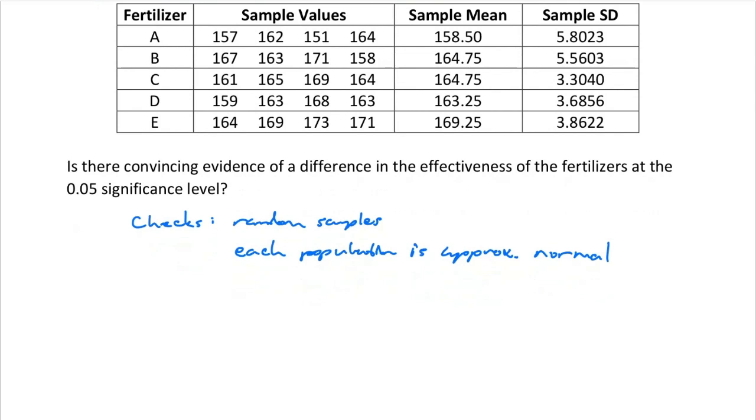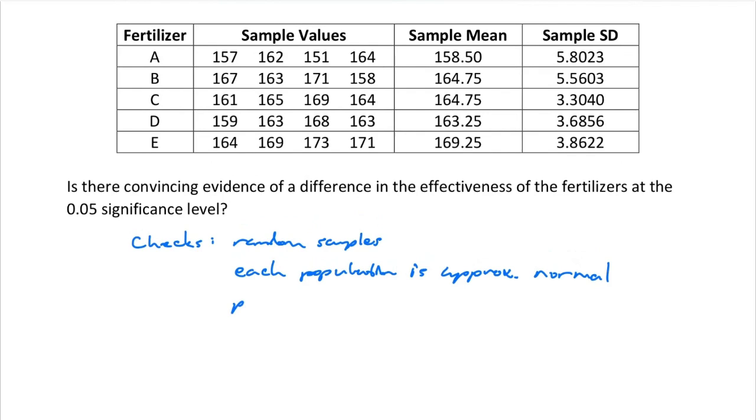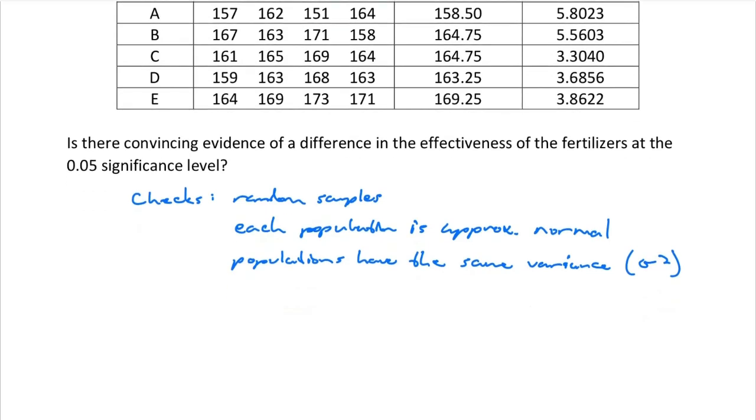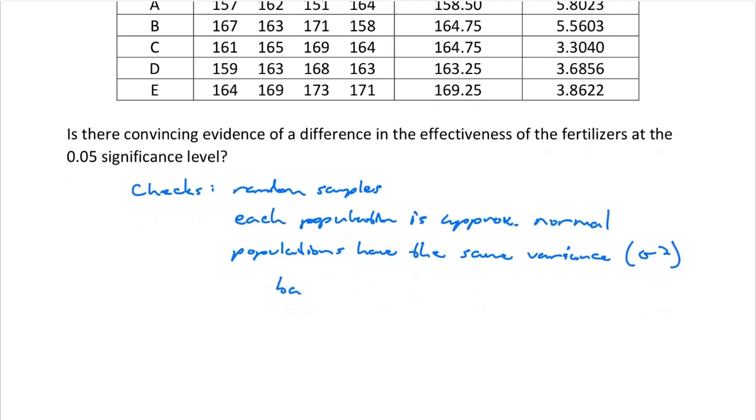The other thing that you'd have to check for is that the populations have the same variance. That's the standard deviation squared, sigma squared. Now there are 2 ways that you can look at this. There's what's called balanced and what's called unbalanced.